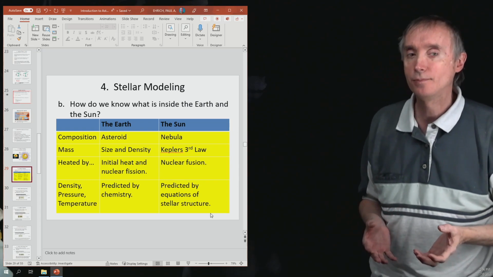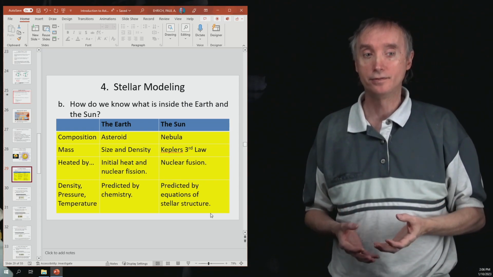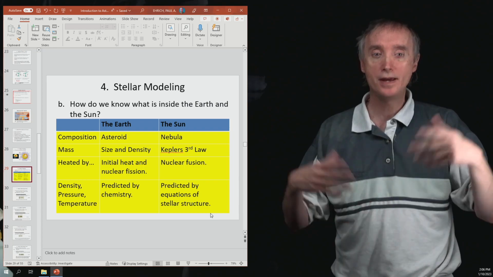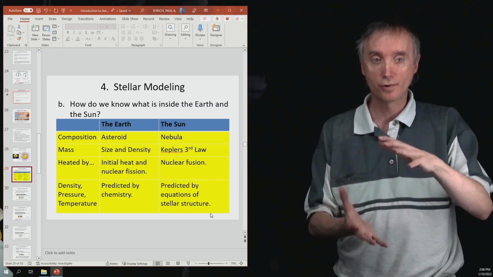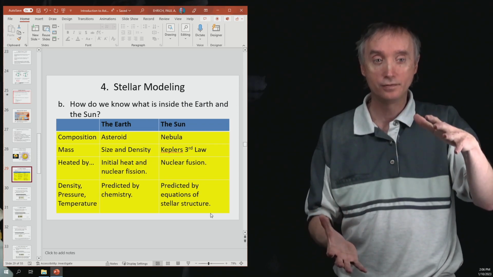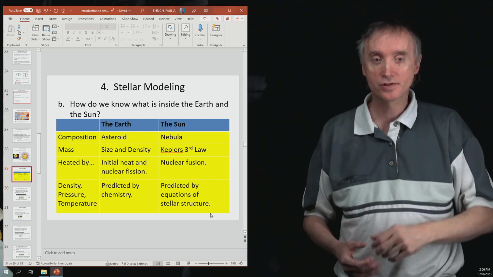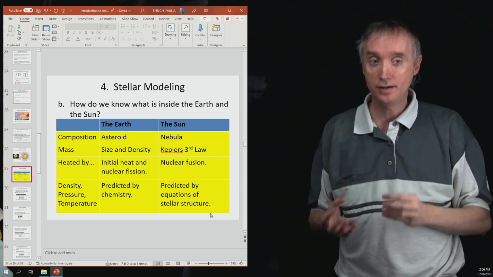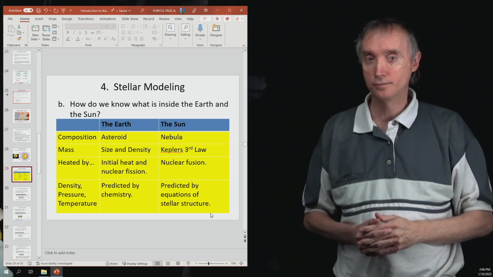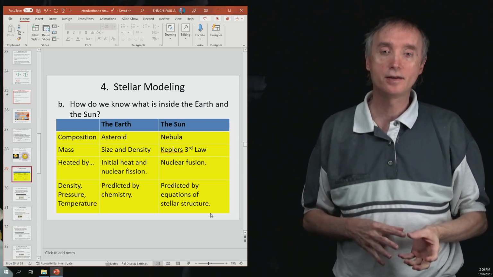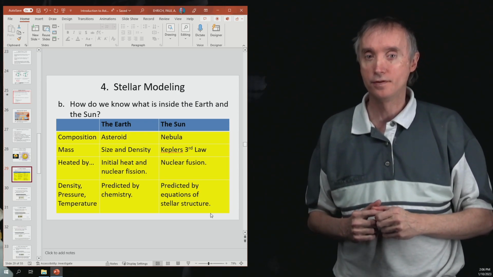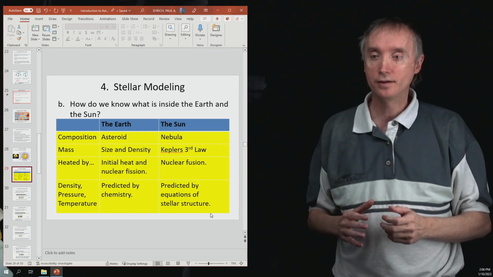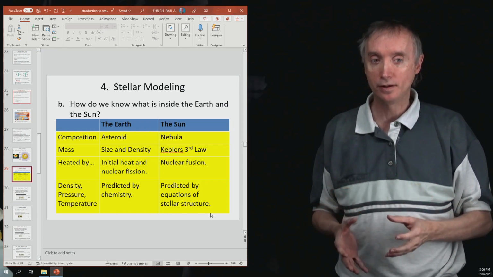Could we do the same thing for the sun? So we're just not making up the fact that the sun has a core and then a radiative zone and then a convective zone. So we have to have some proof that the inside of the sun is what we say. So we're going to do the same thing. What is the overall composition of the sun? Well, we think it's this thing that's going to be called a nebula.